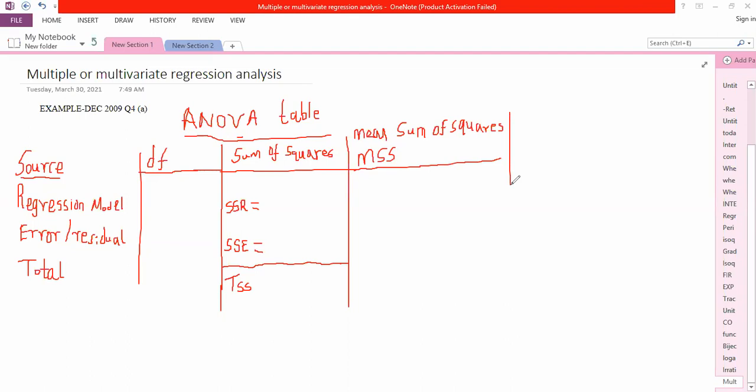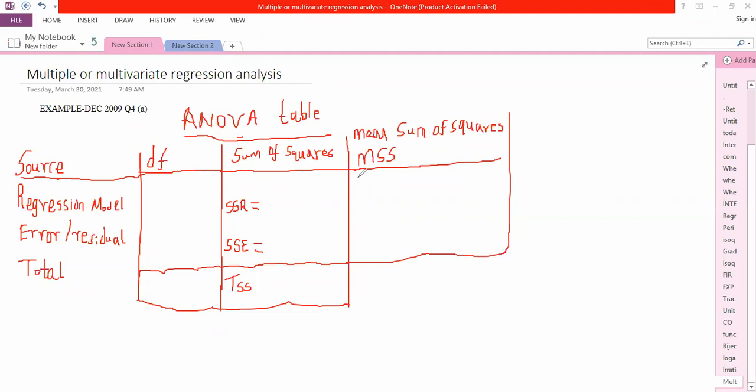So for the mean sum of squares, we get it only for the regression and also for the error term.